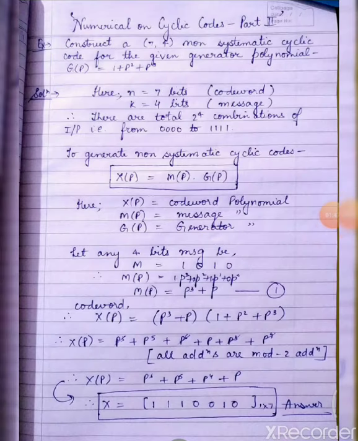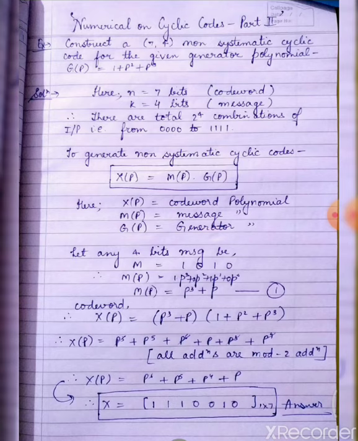So for 4 bits of message we can have a total of 16 possible combinations. How come 16? 2 to the power 4, we will have 16 combinations of message, that is from 0000 till 1111.